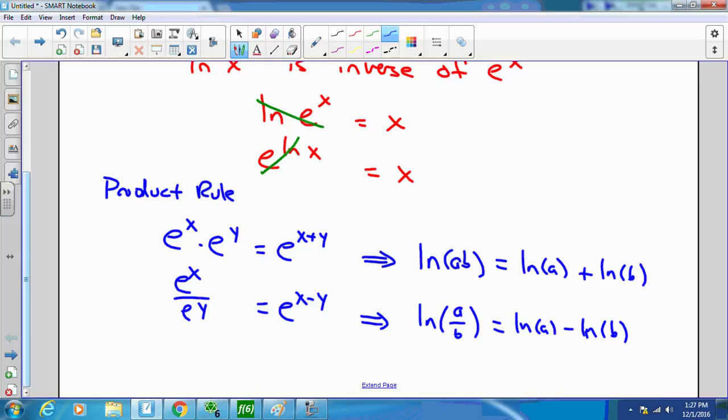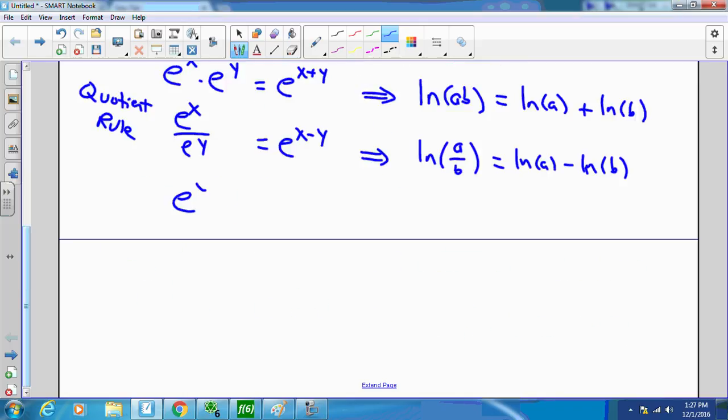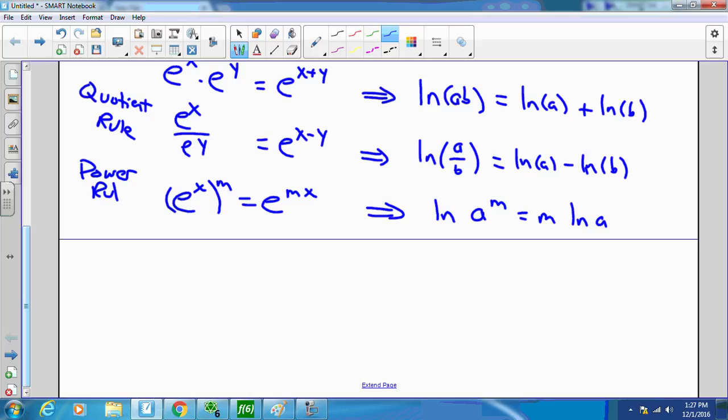And this is the quotient rule for logs. And likewise, because e to the x to the m power is equal to e to the mx, it follows that the natural log of a to the m power equals m ln a. And this is the power rule for logs.